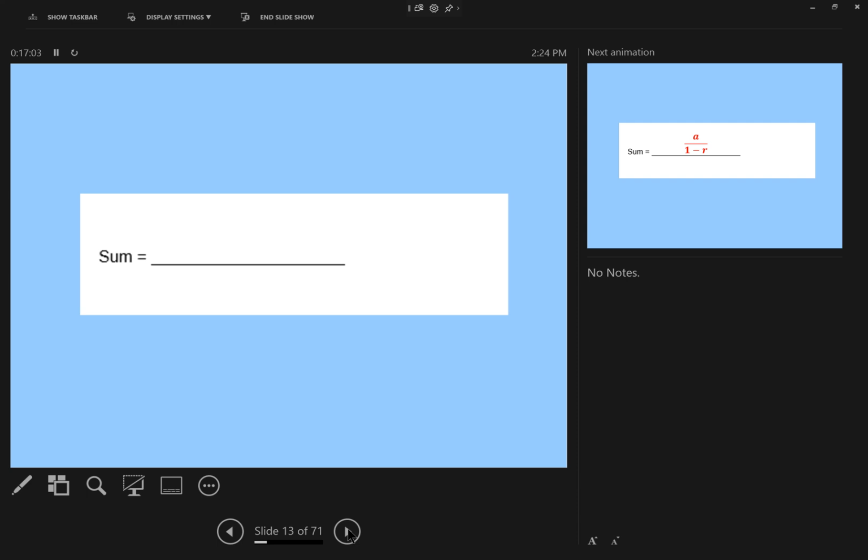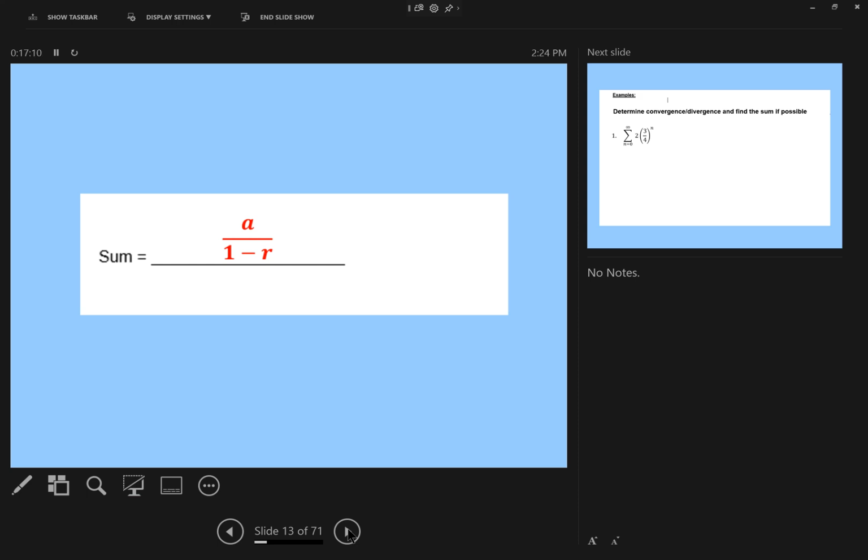So usually this is one of the only ones they'll ask about. Okay? Formula for the sum is a over 1 minus r. Assuming the series starts at 0, like our initial setup was, then it's a, so it's that first term over 1 minus the ratio. Okay?